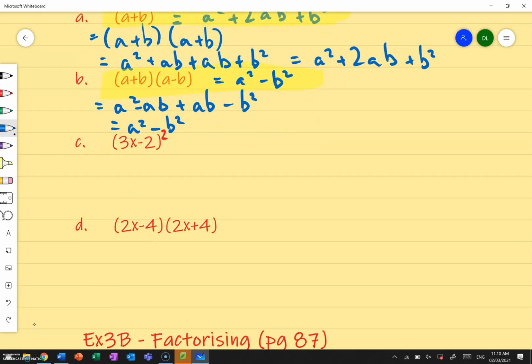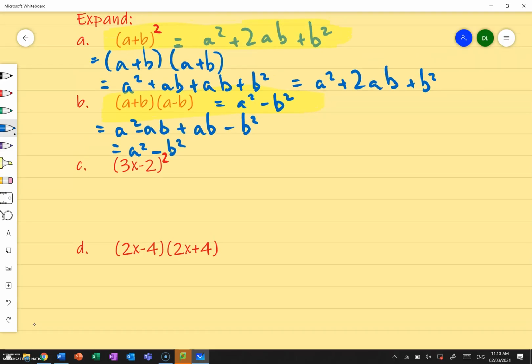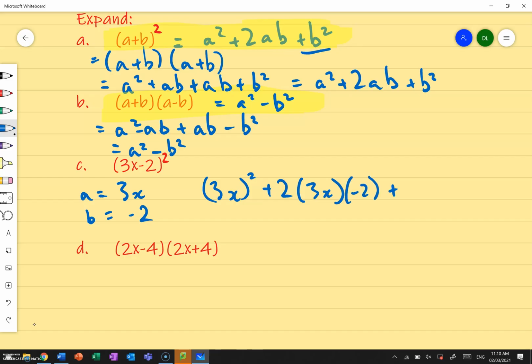So part C, I've got 3x minus 2 all squared. You could use the formula where we define A as 3x and B as negative 2. Let's go ahead and do that. So I'm going to say A squared, using this formula over here. So instead of writing A, I'm going to write 3x all squared plus 2 times 3x, instead of writing B, I'm writing negative 2, plus negative 2 all squared.